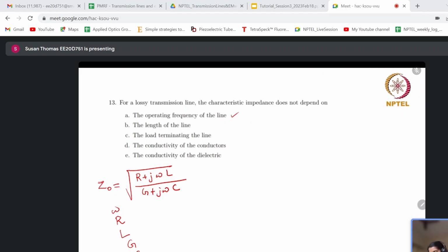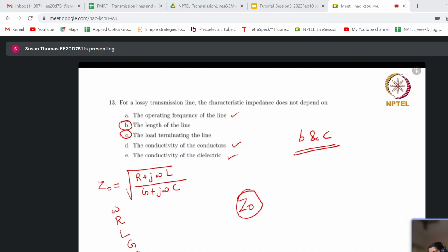Yes, that is true. It depends on the conductivity of the conductors and the conductivity of the dielectric. But it does not depend on the load, and it does not depend on the length of the line. So we have options B and C as the answer. Z0 does not depend on the length of the transmission line or the load terminating the line.